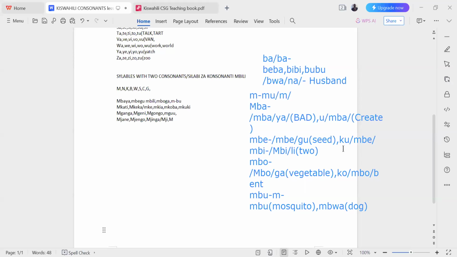Then the other one is umbali. This one is kumbe. Then the second one is mbili. Then the other one is mboga.